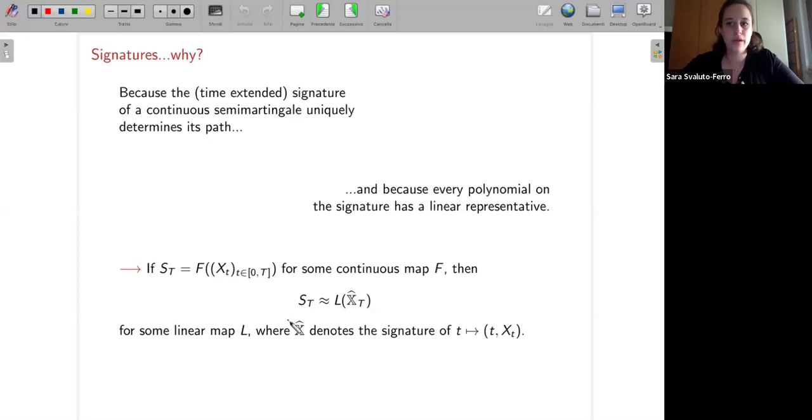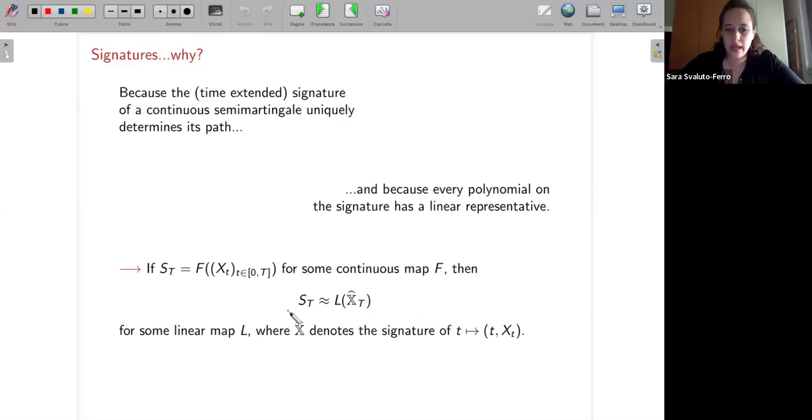A continuous map can be approximated by polynomials. Polynomials can be written as a linear map. You get an approximation of the quantity you are interested in in terms of a linear function of the signature. Something very complicated becomes something much more tractable a priori.